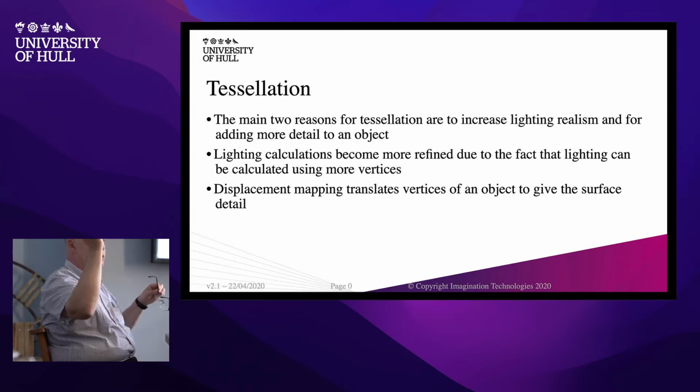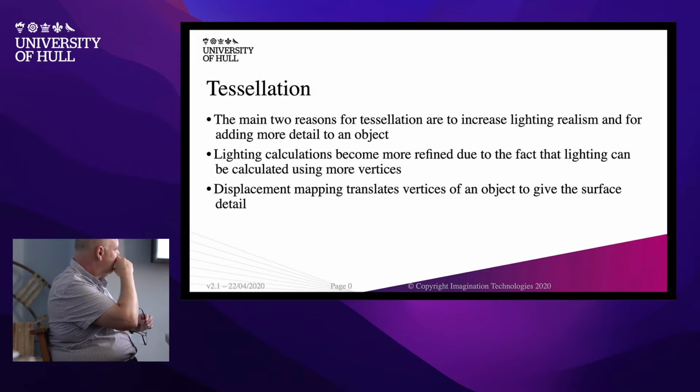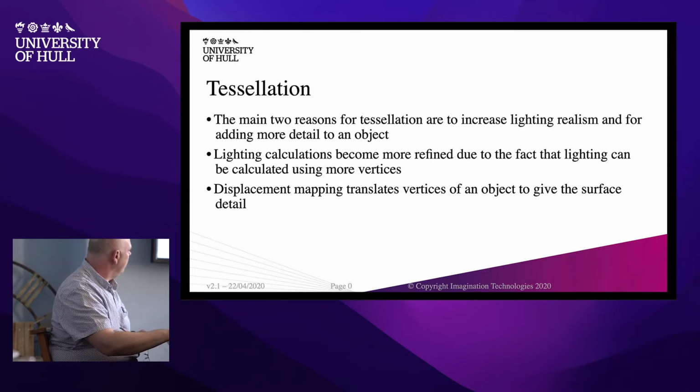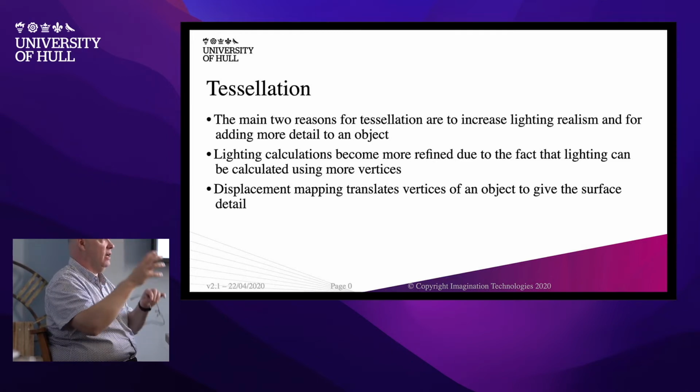The lighting is all done on normals, okay? Which direction is the vertex pointing, and so on. So you can get better lighting the more vertices you have. But more importantly, if you've got more vertices, then you can displace them, and you can actually create geometry that wasn't there to start with.